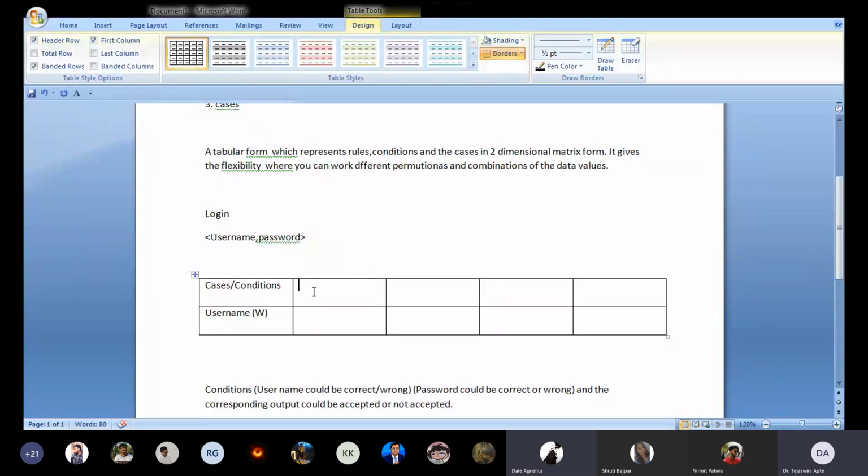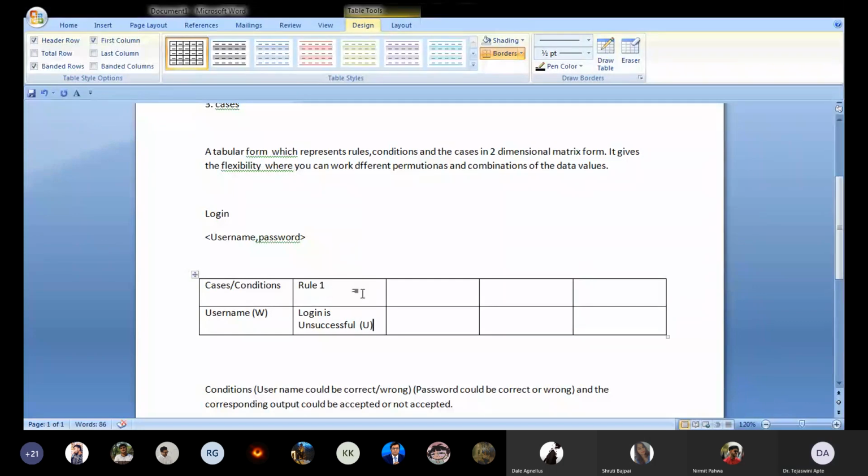It's not going to be successful. So rule one says that the login is unsuccessful.